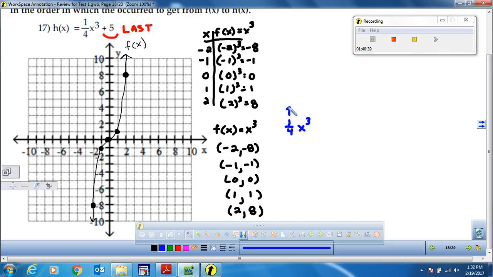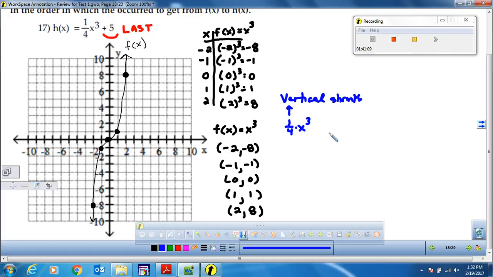What is that 1/4 going to cause? Remember that it causes that number in front of the x, it is multiplying. So it can have two effects. One effect is that it is going to either stretch the graph vertically up or shrink the graph vertically. So according to the definition, if the number that is being multiplied is between 0 and 1, it creates a vertical shrink.